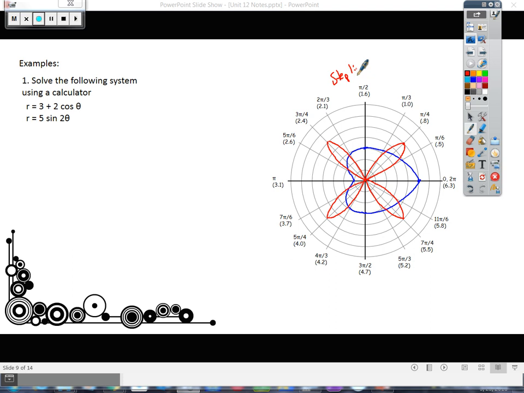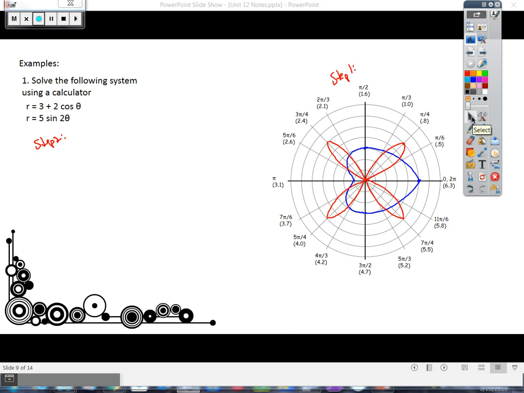Step 2 is to find out what's really going on. So our step 2 is where we're going to go back into the calculator, and this time we're going to go into function mode and see exactly where these guys intersect.